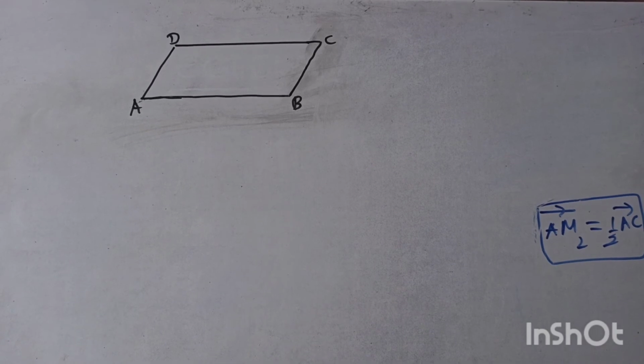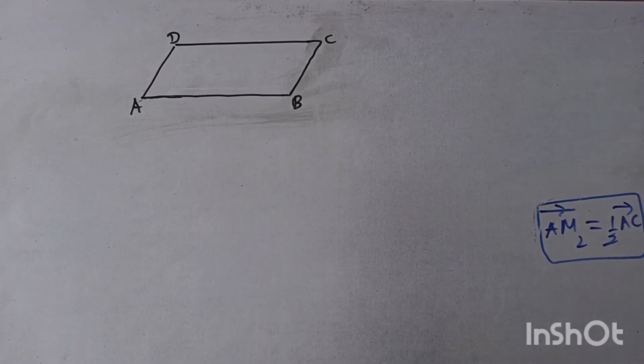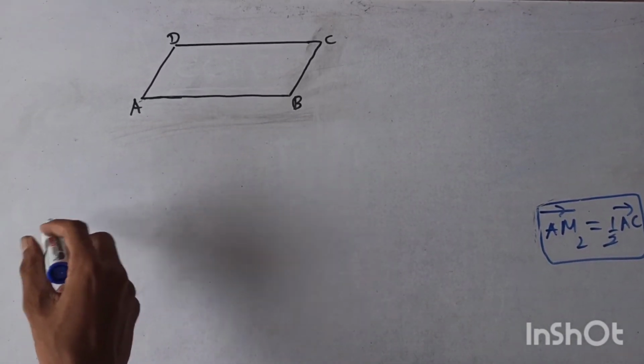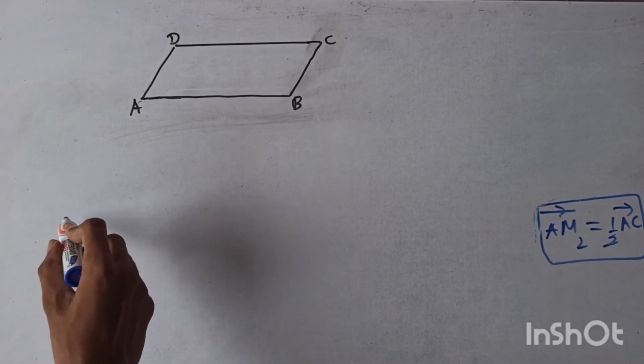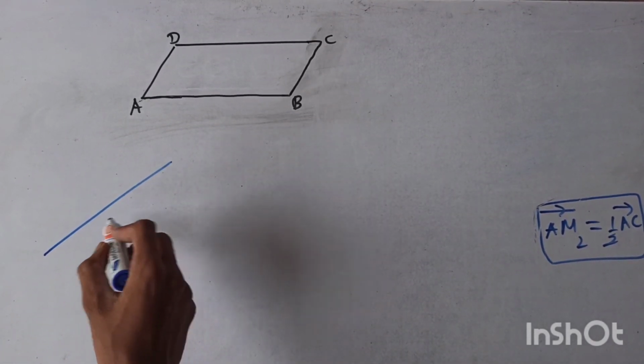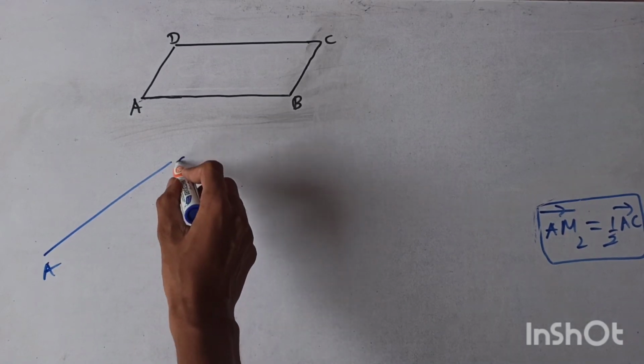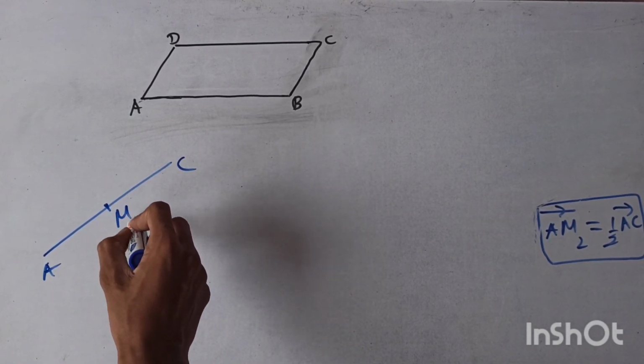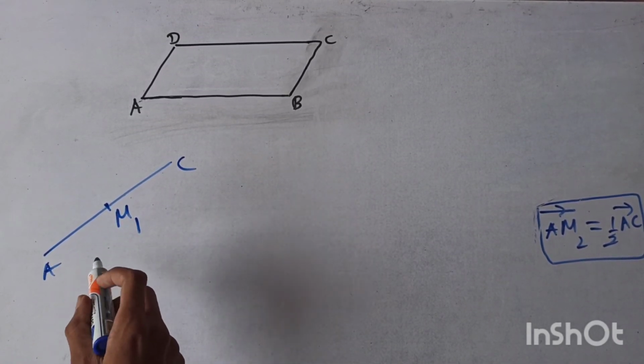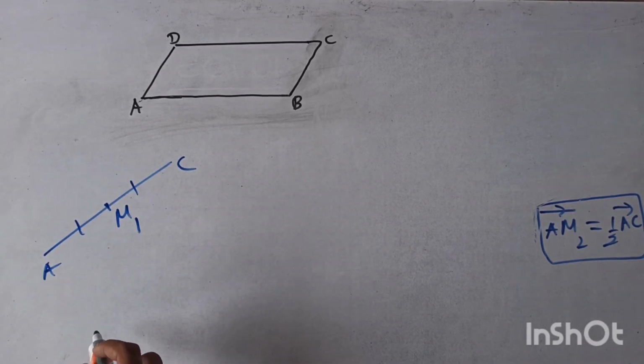Let's now consider AM1 vector. We can write M1 as the midpoint of diagonal AC here.